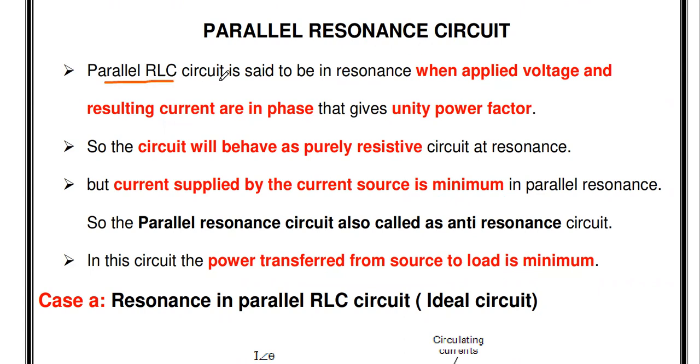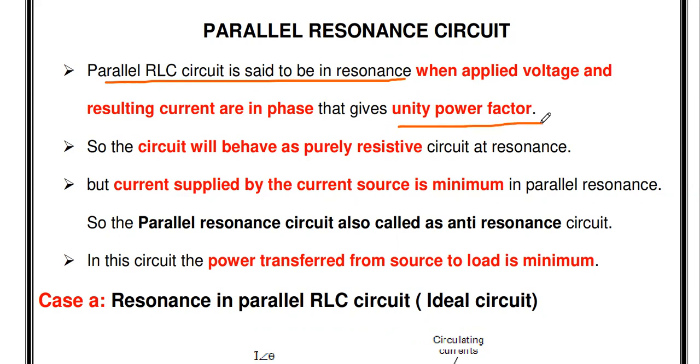So the parallel RLC circuit is said to be in resonance when the applied voltage and the resulting current are in phase. If applied voltage and applied current are in phase, what about the power factor? The power factor is also unity.